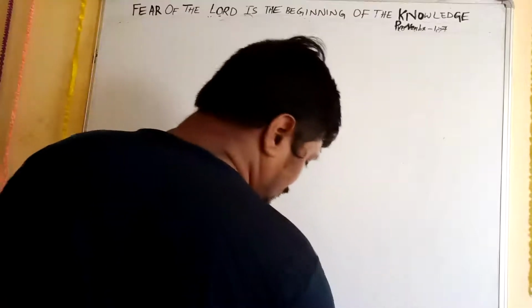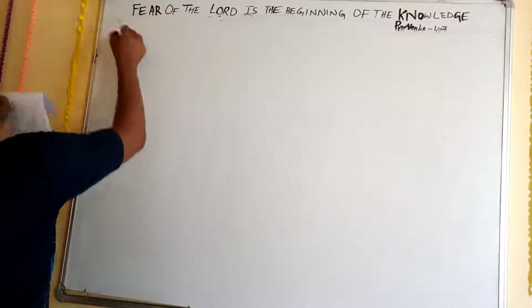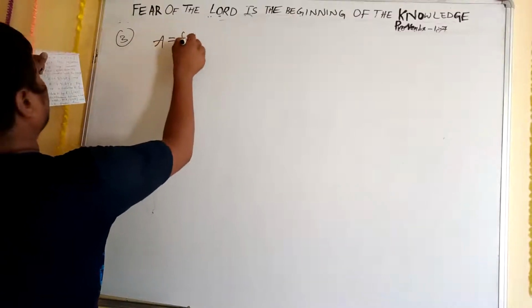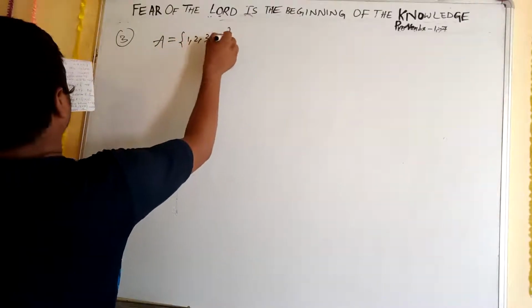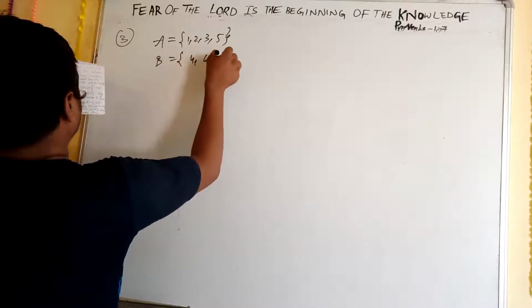Right. So now listen, your problem number 3. Capital A is equal to {1, 2, 3, 5}, capital B is equal to {4, 6, 9}.